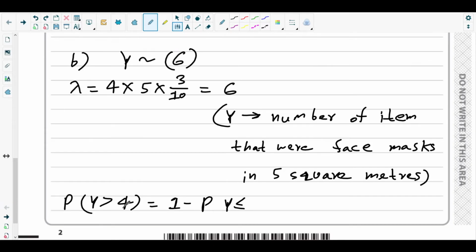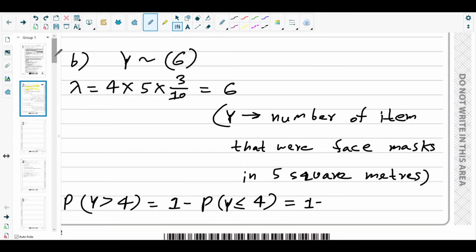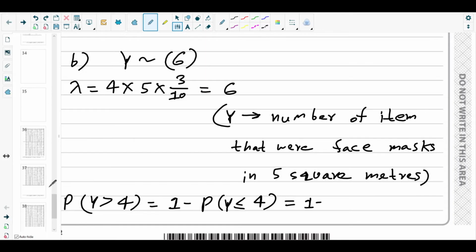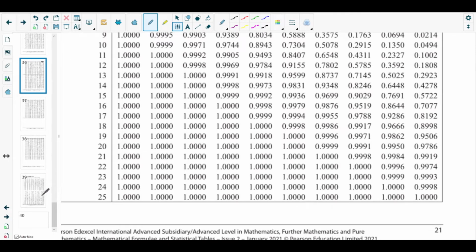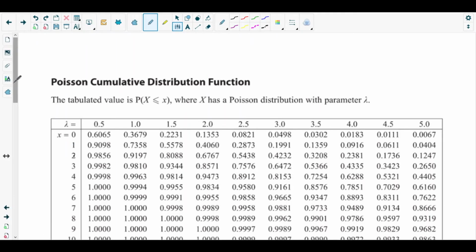Y equal to 4 is not included, because they wanted just more than 4, so we subtract the probability of less than or equal to 4 from 1. How can you get that probability? I'll show you. This cumulative distribution table is given in the formula booklet, in the Statistics 2 part, S2.